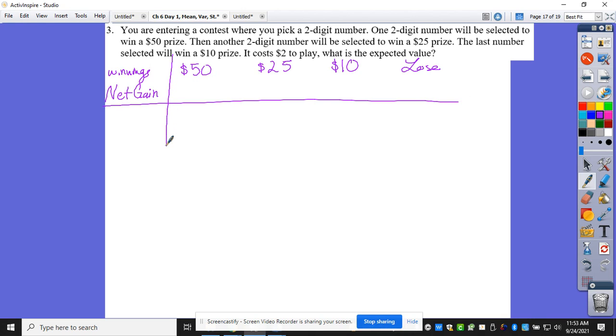So how many possible outcomes are there? How many outcomes up here are there? 4, because you have to consider the fact that you could lose.